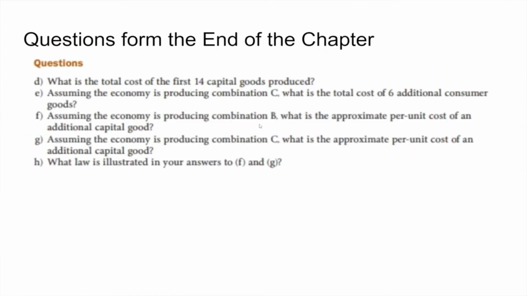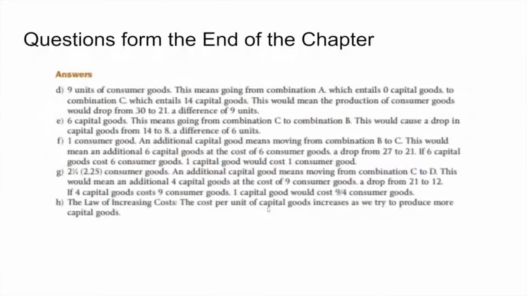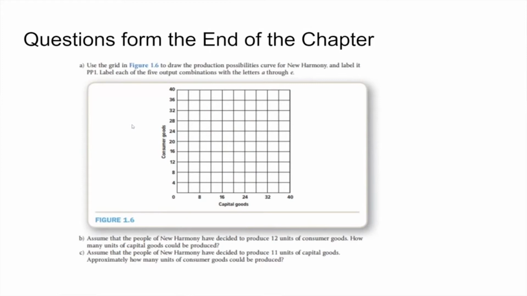Let's look at F. Assuming the economy is producing combination B, combination B is 8 capital, 27 consumer, okay? What is the approximate per unit cost of an additional capital good? Now, assuming the economy is producing combination B, what is the approximate per unit cost of an additional capital good?